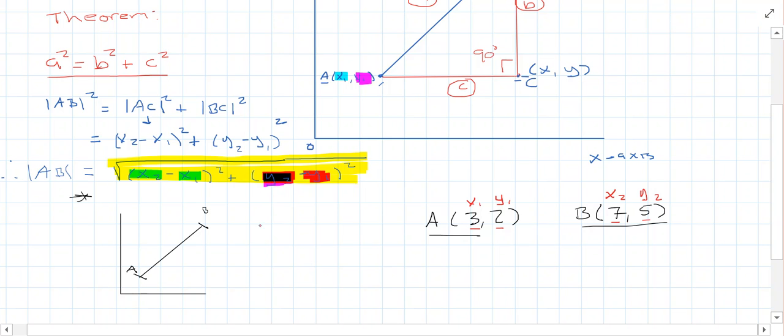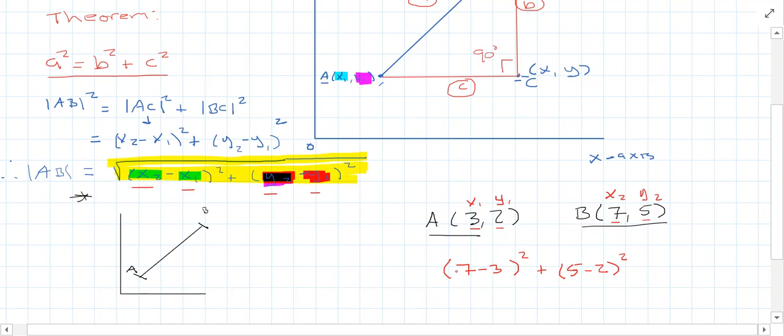Now once we have these, we can plug them into this formula. The formula is x2 minus x1, so x2 is 7, so it's 7 minus 3, and this is all squared, plus y2 minus y1, so y2 is 5 minus 2, and this is all squared.